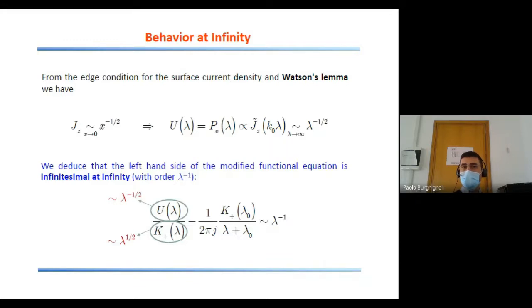That is because if we know the local asymptotic behavior of the surface current density close to the edge, and as I mentioned in the first part of this lesson, we may conclude that the spectrum will go to infinity as lambda to a given power.